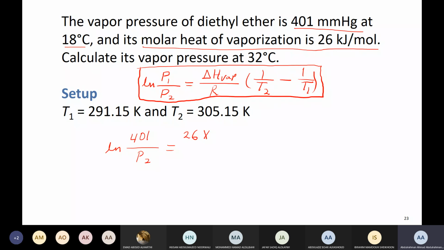But I have to change it to joule. So I just take 26 multiplied by 10 to the power 3. And then what's R? 8.31, a constant. 8.31, not 0.0821. Times, what's T2?